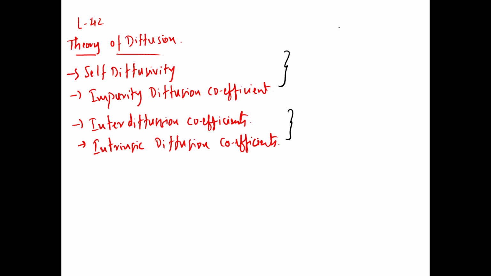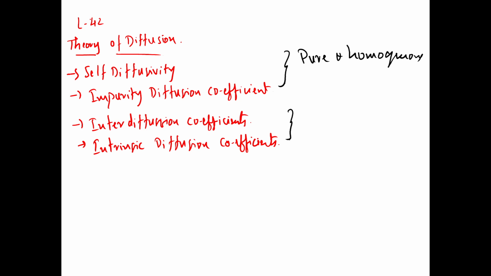So this is for pure and homogeneous solutions. For example, nickel, and the diffusivity of carbon in iron, where the carbon acts as an impurity.